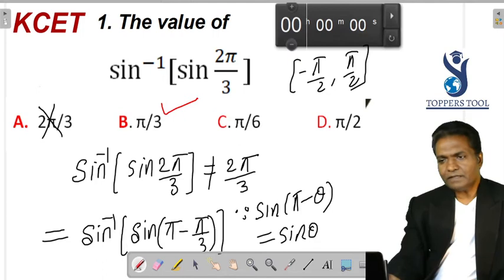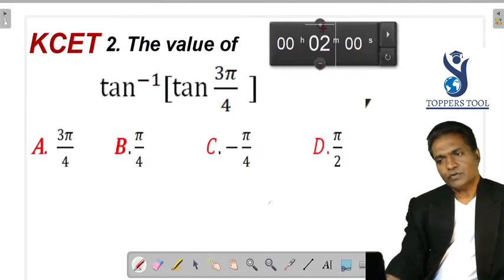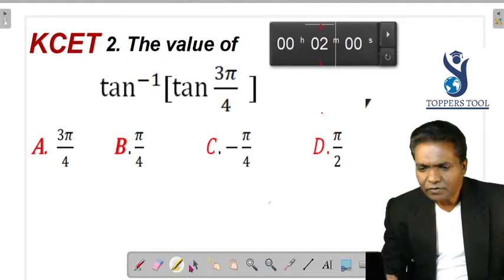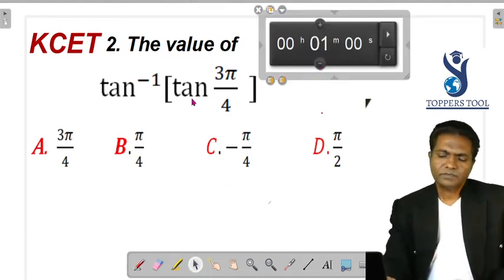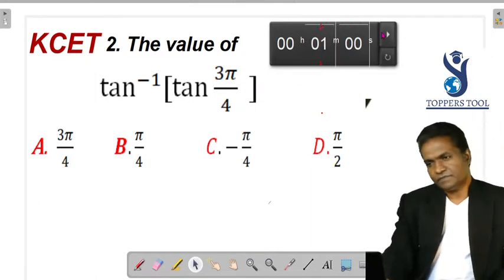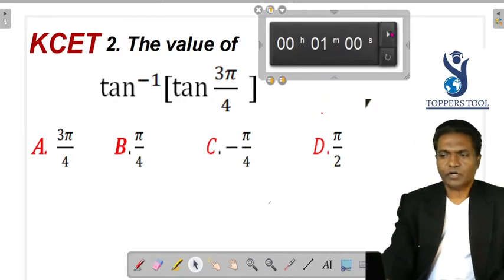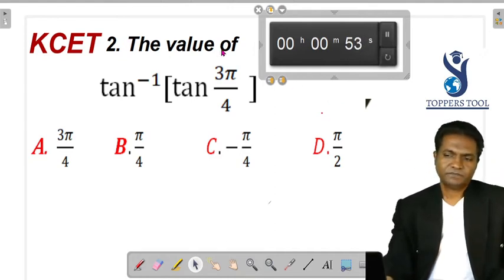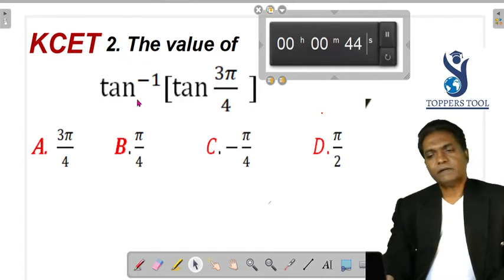Let's have another example. Again I will be providing you 1 minute. Find the principal value of tan inverse of tan 3 pi by 4. Your time starts now, please work it out. Always remember, tan inverse means its principal branch.